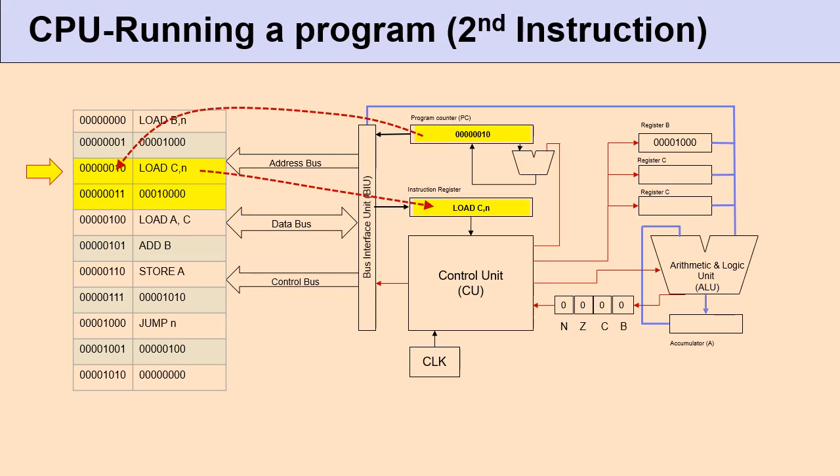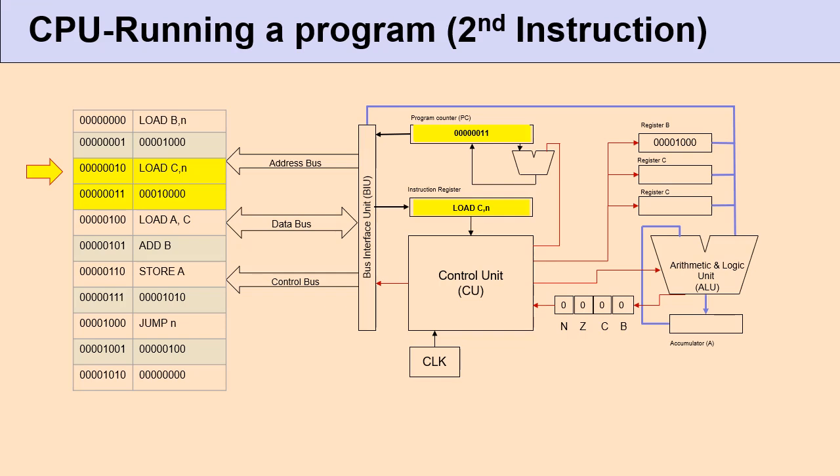As soon as this opcode is loaded into the instruction register, the control unit will start decoding the instruction, and in that process it will see that it has to bring the immediate value after the instruction as the data value and store it in register C. In the same way as before, as soon as the fetch cycle is completed, the program counter will be incremented by one, 1 byte, so that it is now pointing to address 3, or 00011.